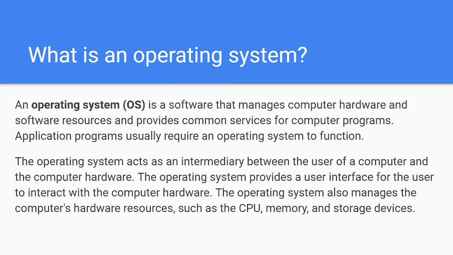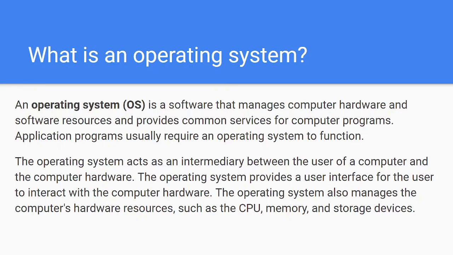So what is an operating system? An operating system is a software that manages computer hardware and software resources and provides common services for computer programs. So basically, an operating system is that software that manages computer hardware such as your CPU, your memory, that's your RAM, your ROM, your storage devices, that's your hard disks, your 1 terabyte hard disk, 512 gigabyte hard disk.